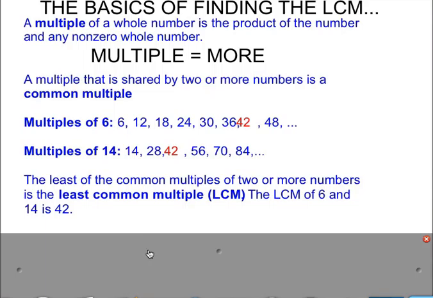The least of the common multiples of 2 or more numbers is called the LCM. The LCM of 6 and 14 is 42 because they are the lowest common numbers of the two, 42 and 42.